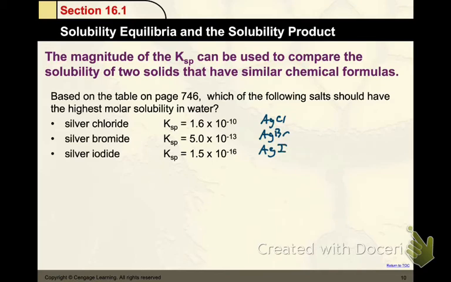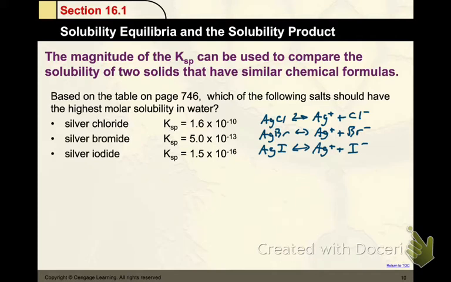And in their equilibrium, they're going to form very similar things: Ag+, Cl-, Ag+, Br-, Ag+, I-. More importantly, they all form 1-to-1, one positive ion, one negative ion.